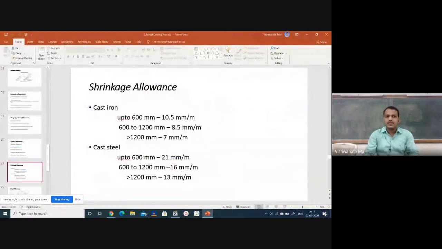Here you can see, depending on the material, there are different allowances. We may use aluminum, which has different parameters. Here we have cast iron and steel. For different dimensions, different allowances are given. If it is cast iron and the dimension is up to 600 mm, we give an allowance of 10.5 mm per meter. If it is cast steel, we give an allowance of 21 mm per meter.